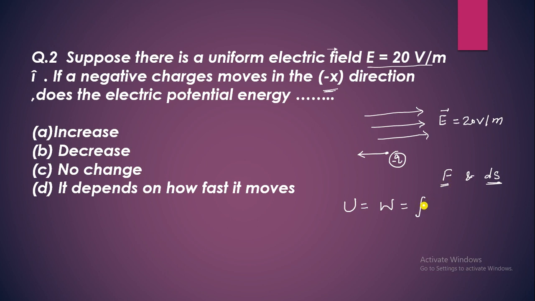For total work done, we integrate the small work done, the integral of F dot ds. The angle between force and displacement is 180 degrees in this question. So work done becomes negative, meaning potential energy decreases, because cos 180 degree is equal to minus 1.